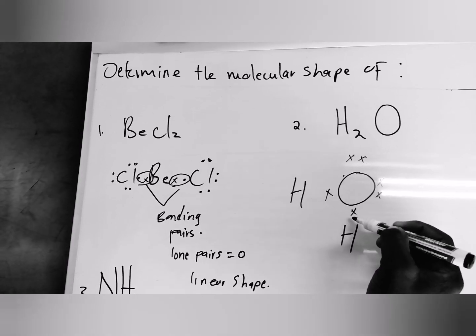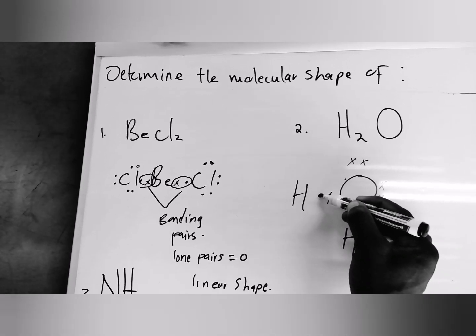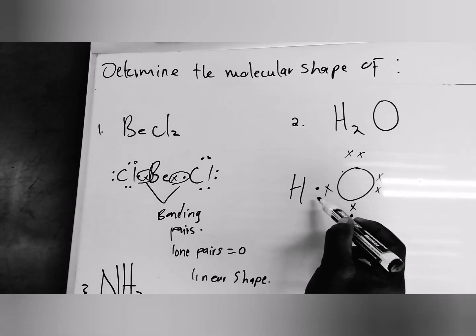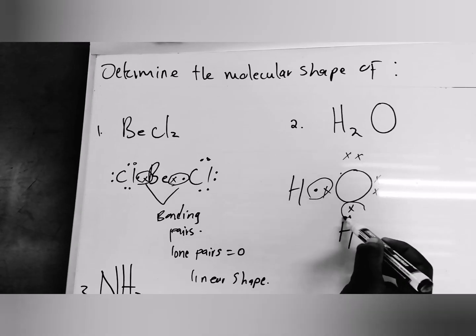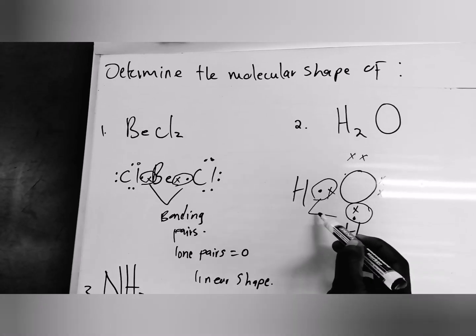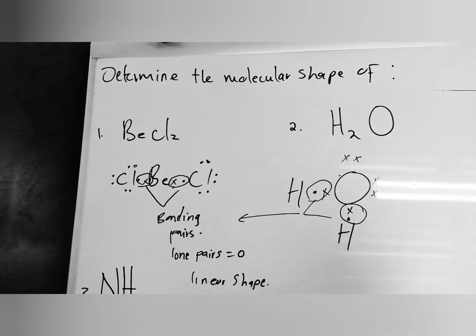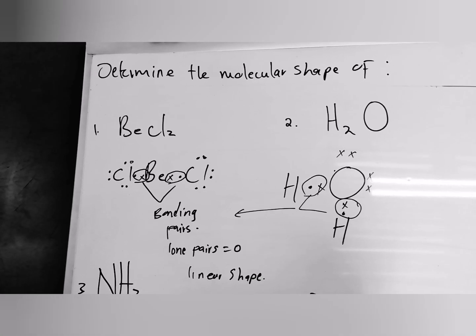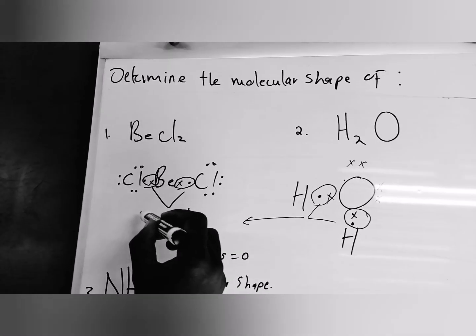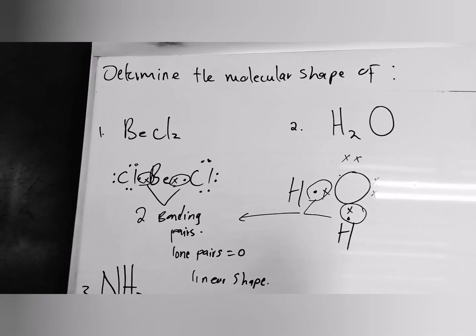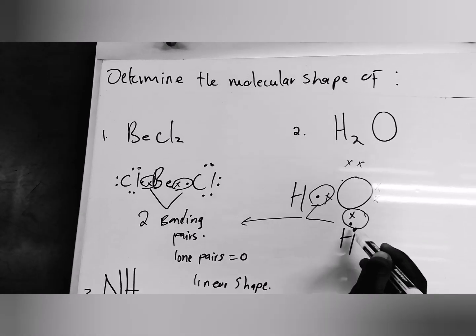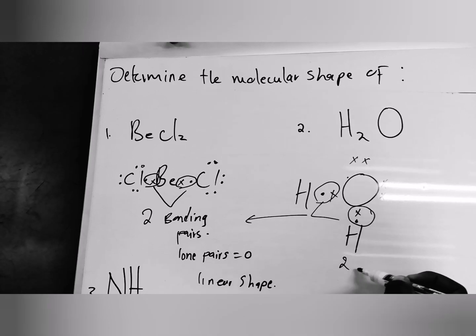Now we have 6 valence electrons on oxygen and 1 valence electron in hydrogen. Therefore these are known as bonding pairs. I hope you are getting that these are bonding pairs. We have 2 bonding pairs, not 4.